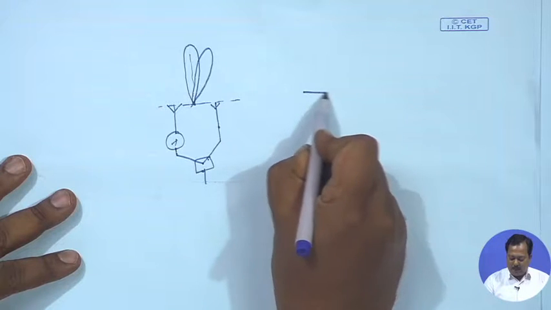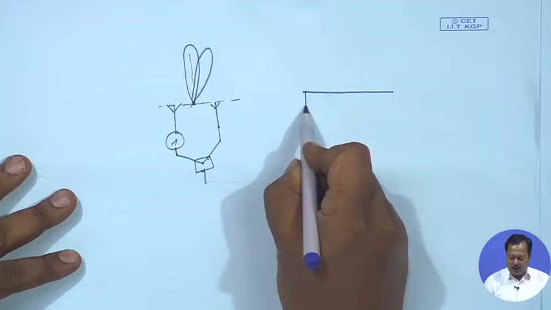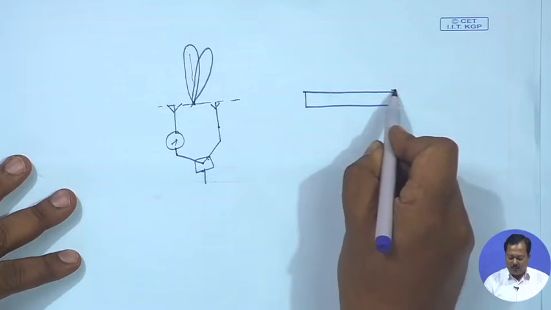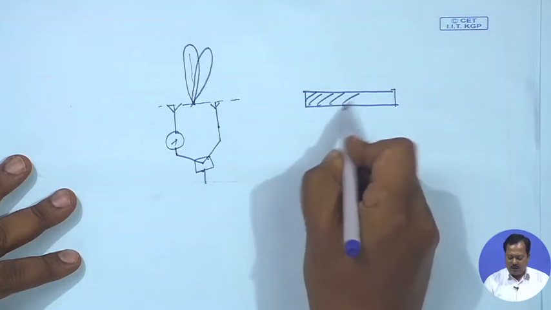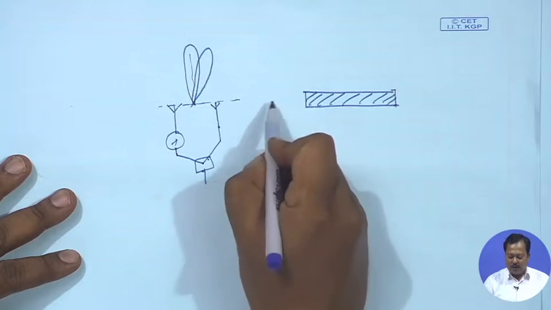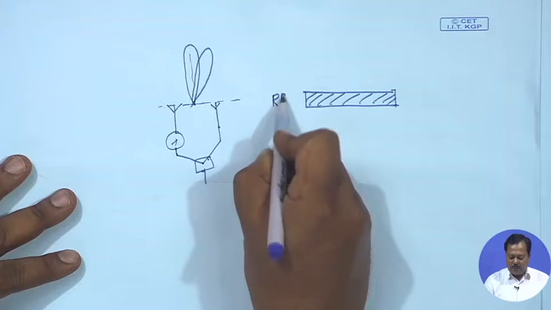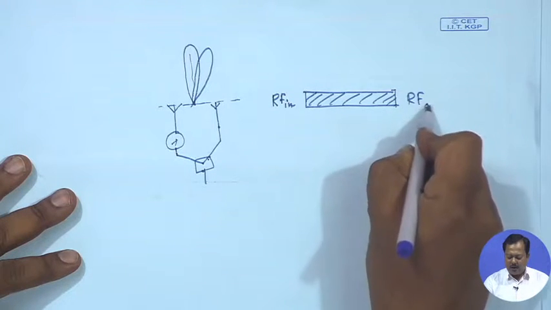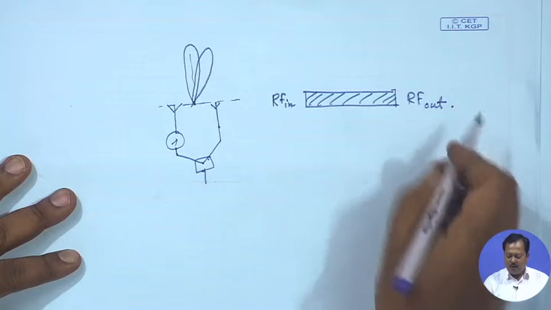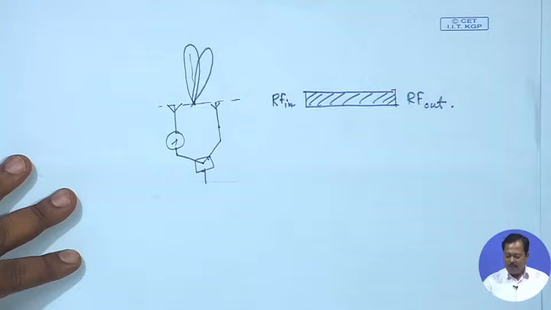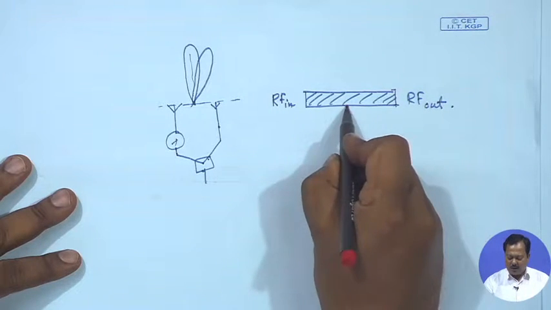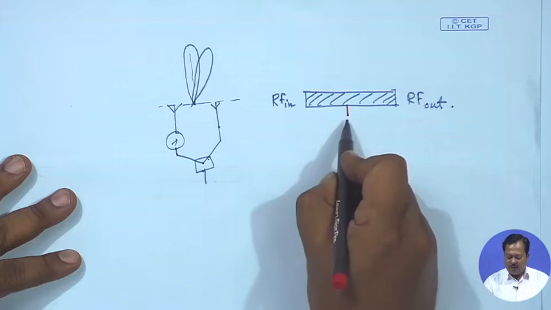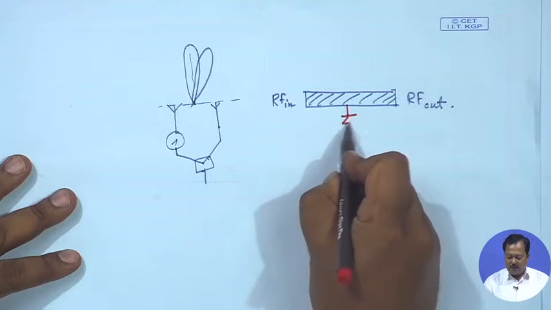So, let us say we have a microstrip line, I am showing just the top view of the microstrip line, and this left hand side is the RF in point and right hand side is the RF out point. Now, I am using a switch in shunt configuration.